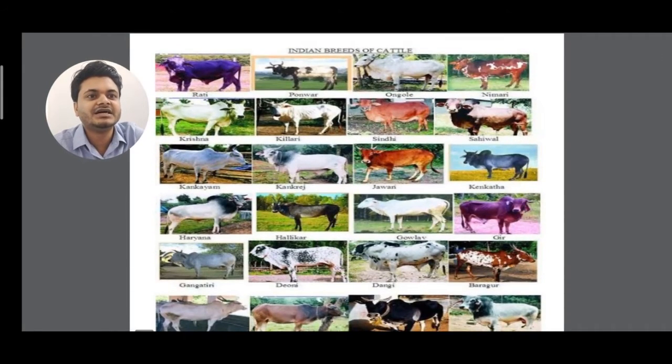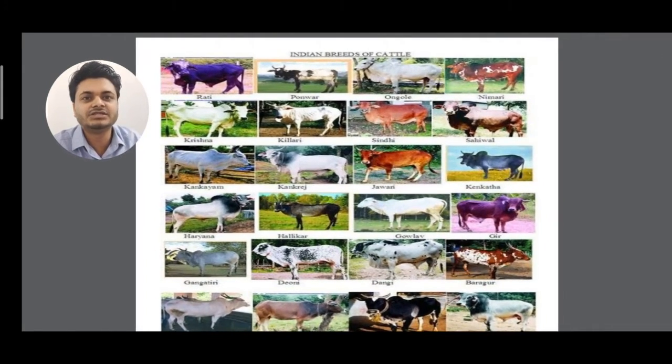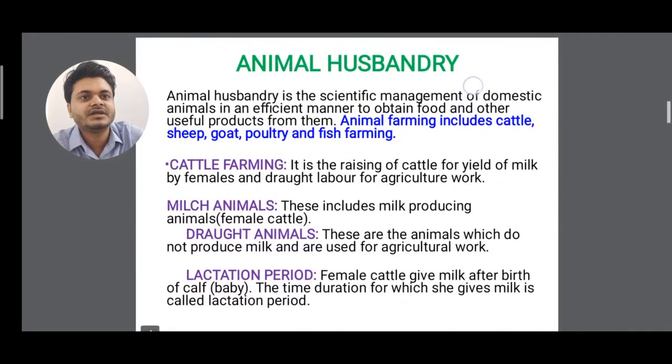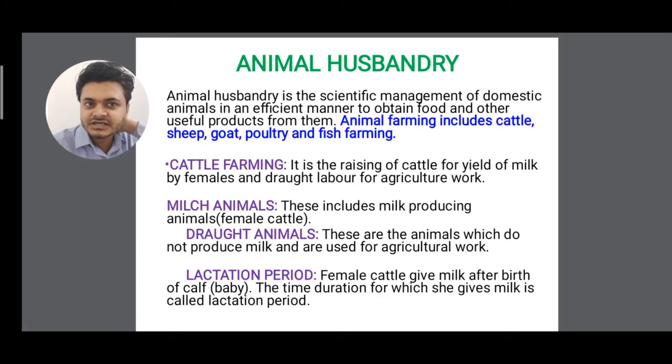Next, these are the Indian breeds of cattle. Now, before moving to cattle farming, let me first tell you what is animal husbandry. Animal husbandry is the scientific management of domestic animals in an efficient manner to obtain food and other useful products from them.